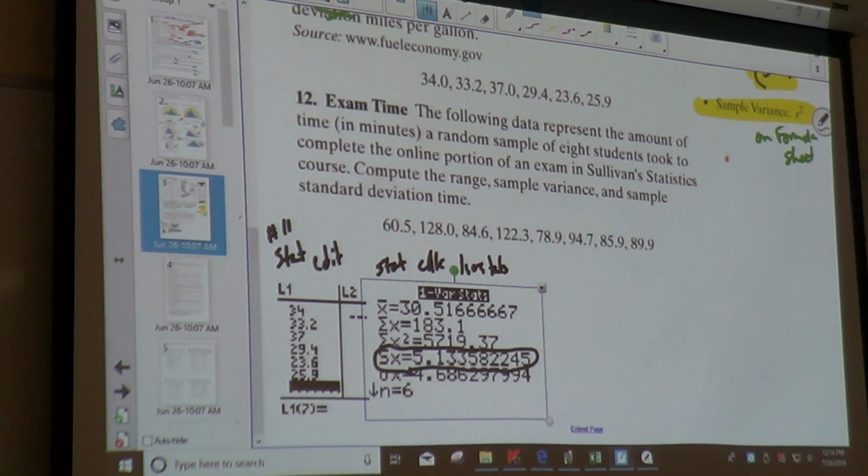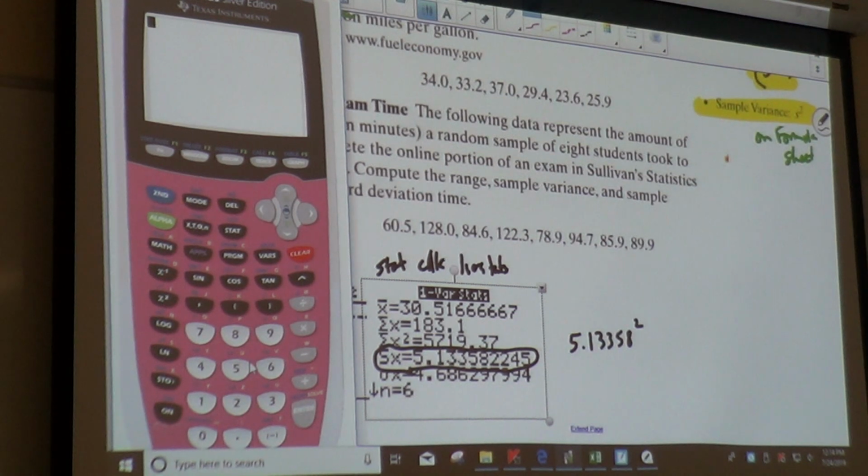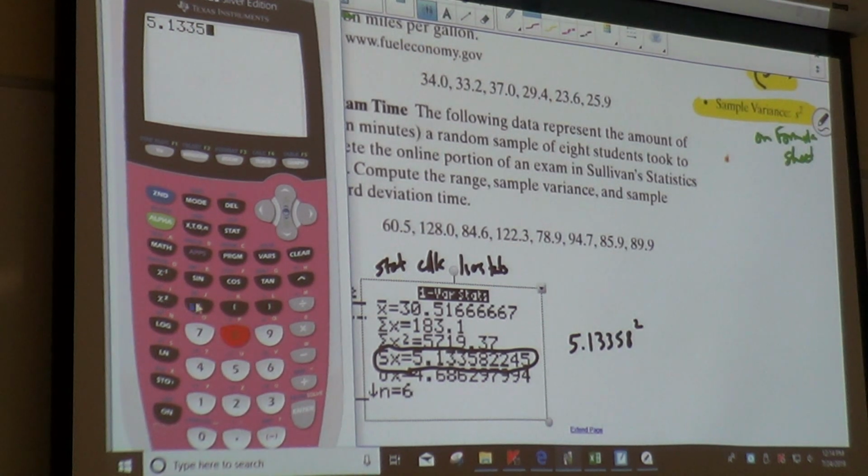So if you just want to do 5.13358 squared, you can copy the whole thing, or you can just go out. I usually go out 4 or 5 places to make sure that I don't grab too little and it be too far off. So, I can do 5.13358 and square it.